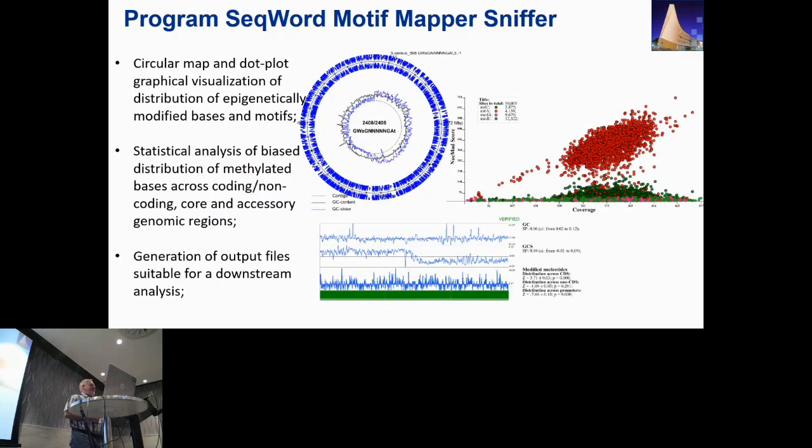What can the program create? It can create such graphs. You can see a circular graph with locations of modified nucleotides on both strands. It can create this dot plot, a 2-dimensional graph to compare coverage and scores associated with each modified nucleotide, showing how likely this nucleotide is modified.